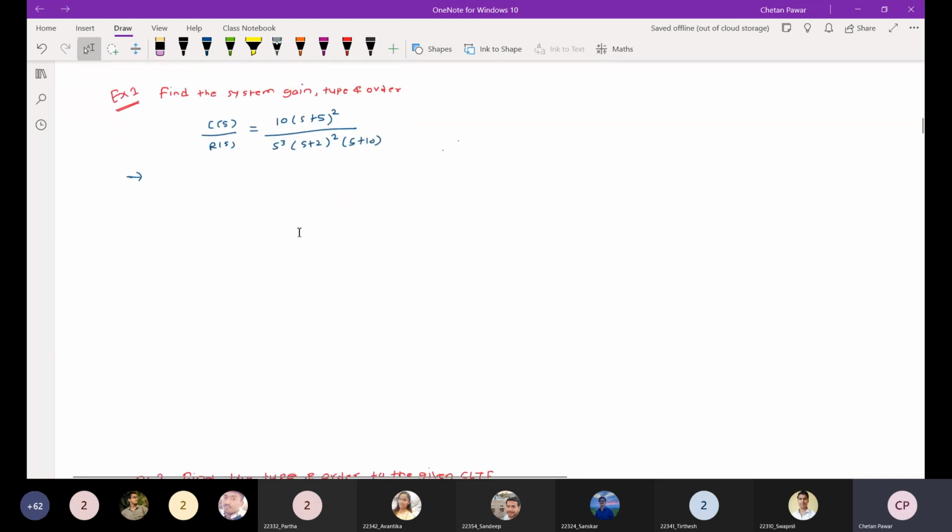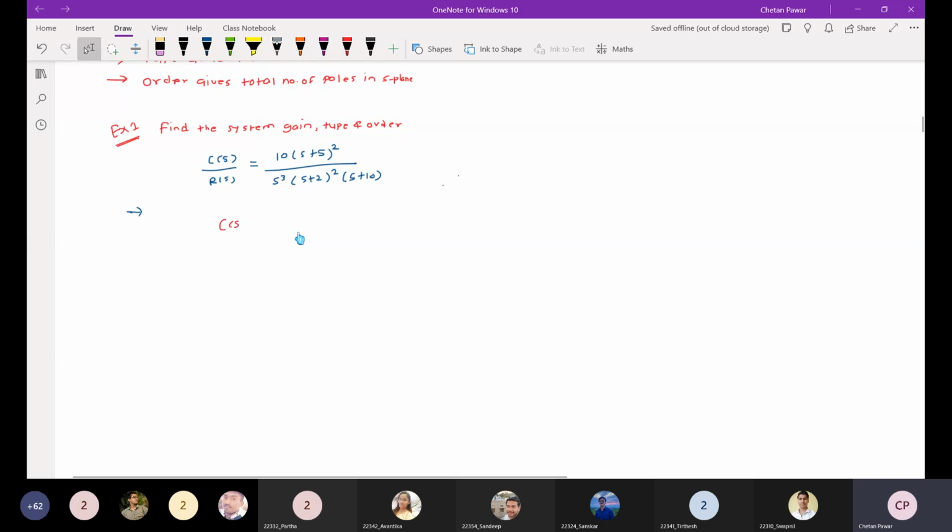So first make this transfer function into time constant form.